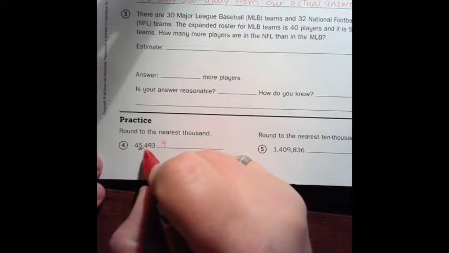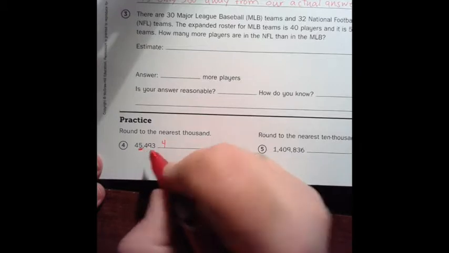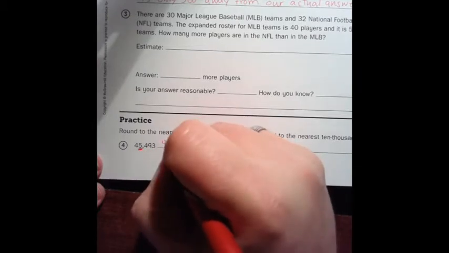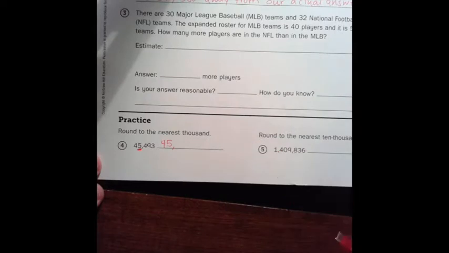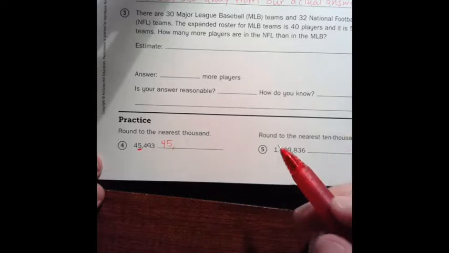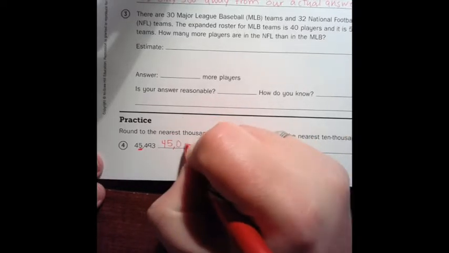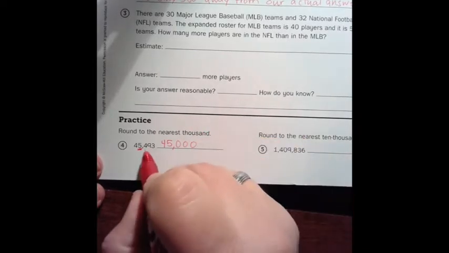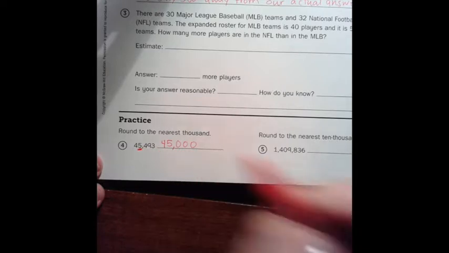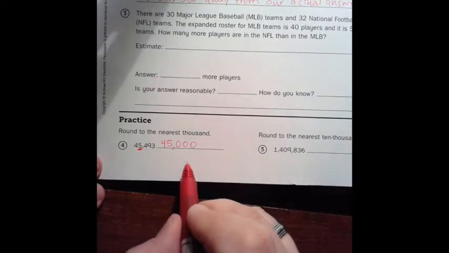Since it's a 4, we're going to keep that 5 the same, because 5 and above, you give it a shove, and 4 and below, you just let it go. After the stop sign, you put zeros for all the digits remaining. There were 3 digits remaining, so you put 3 zeros. So it's 45,000.